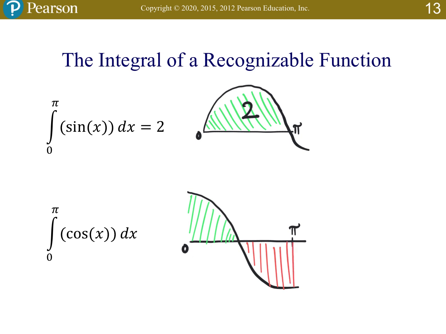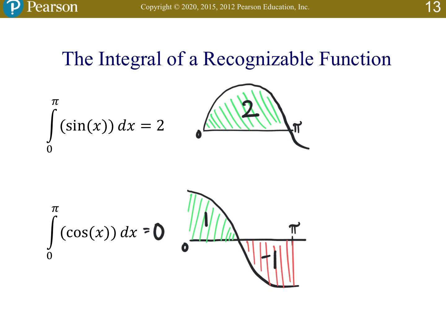And so we have positive area of 1, we have a negative area of 1. So this would give me an integral value of 0 as the positive and negative areas cancel each other out. You should also be able to move these sine graphs sideways, translating them, or you should be able to move them up and down, or even reflect them upside down and still be able to manipulate the area to figure out what that value is going to be.